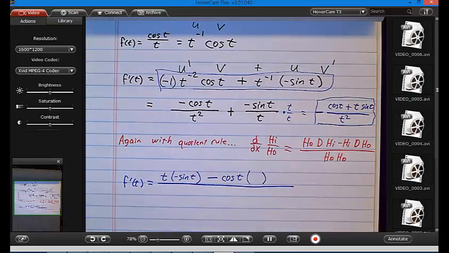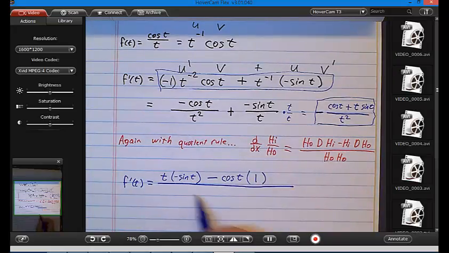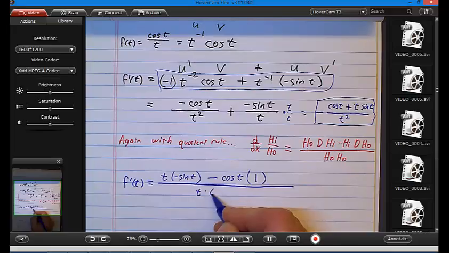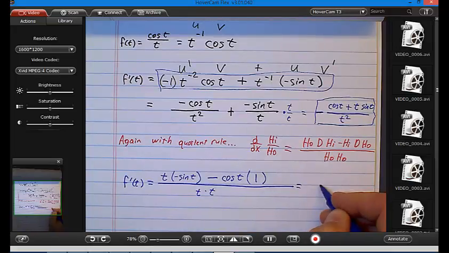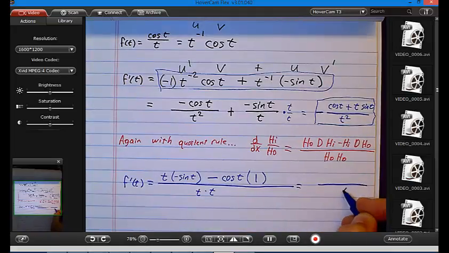So if we want to simplify this, we get t squared here. Do we get the same thing? I have negative t sine t minus cosine t. Is that the same thing we got before? You see it, right? You take the negative out and reverse a couple things and you have the same exact thing.